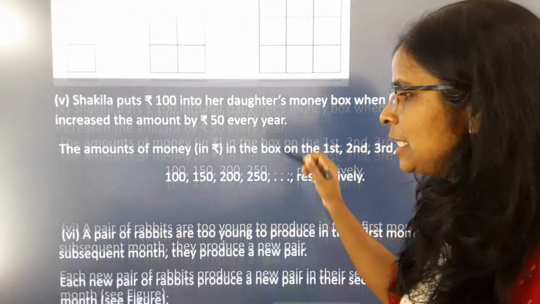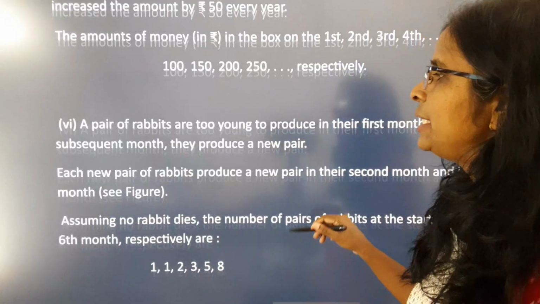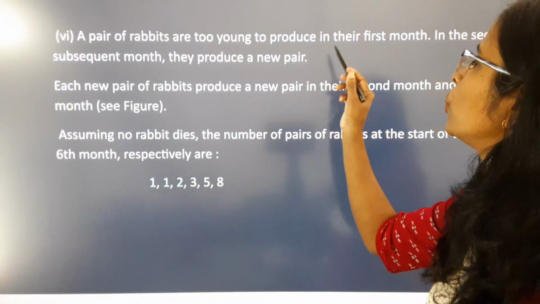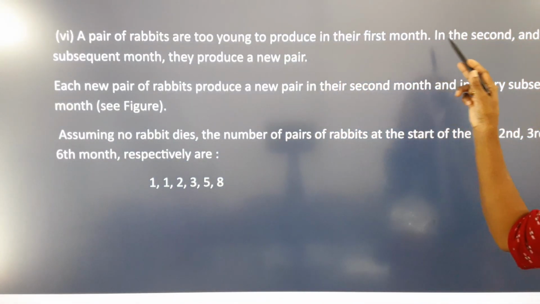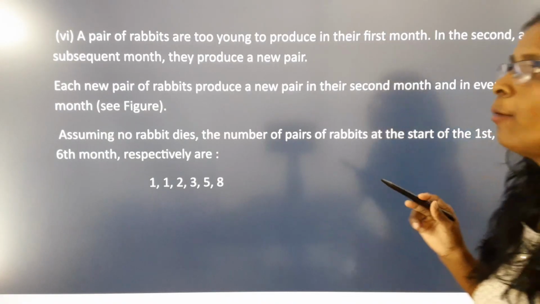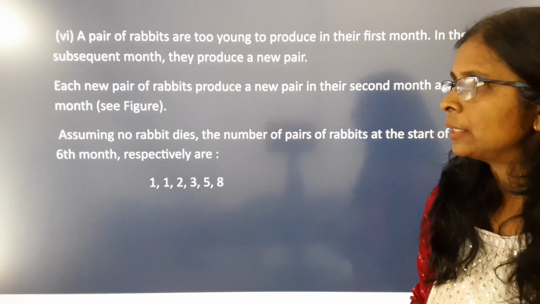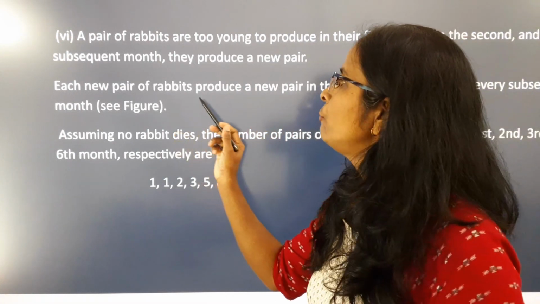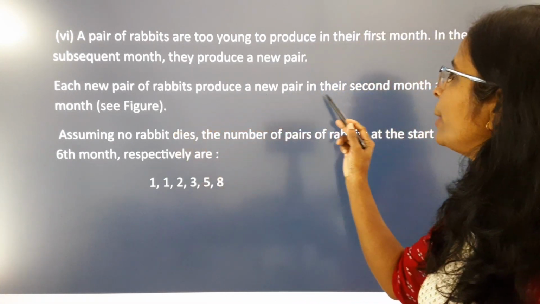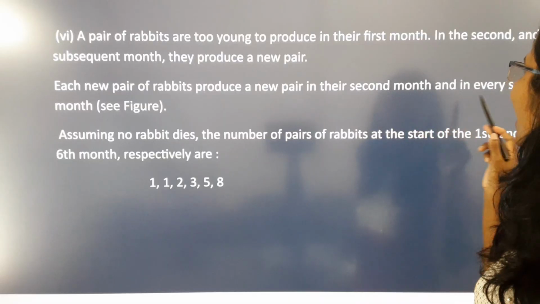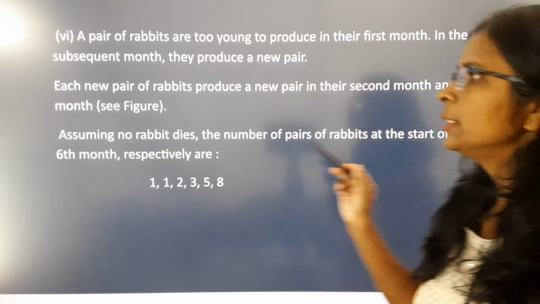And the sixth one: a pair of rabbits is too young to produce in their first month. In the second month and in every subsequent month, they produce a new pair. Each new pair of rabbits produces a new pair in their second month and in every subsequent month.